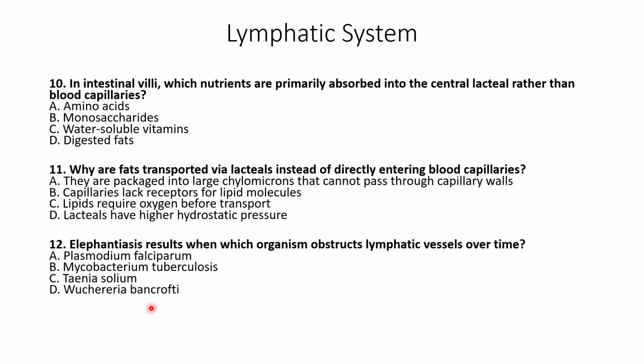So this is what causes lymphatic filariasis, right? And there are two phases of its life cycle, right? One inside the mosquito and one in the human, which it infects.